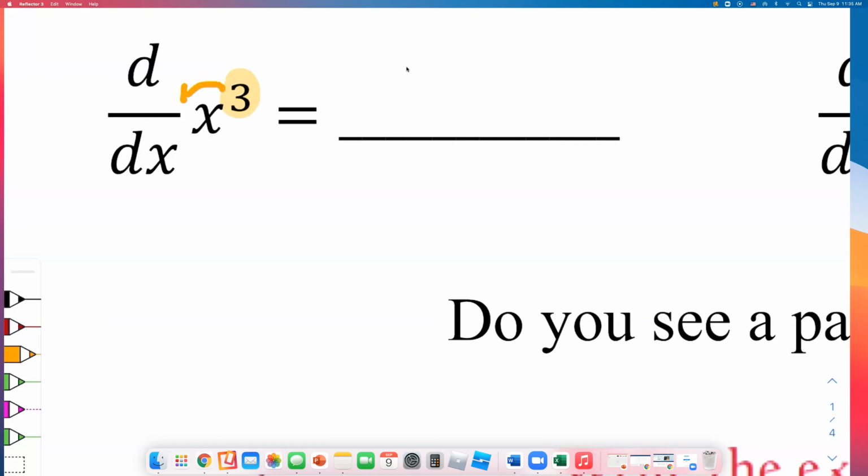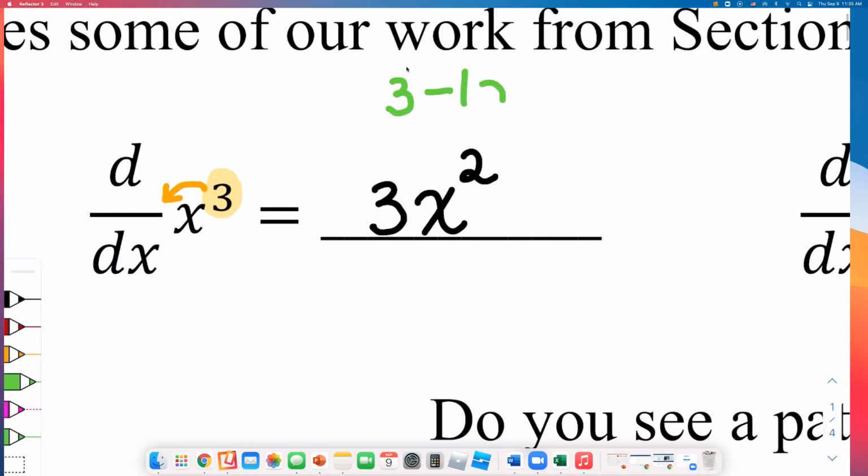Oh, but there's nothing to be multiplied, so it's just going to be 3 times x to the what power? 2nd power. And this 2 is from doing 3 minus 1. You always have to subtract 1 to get the new exponent, okay? So if you could remember that, that will be great.